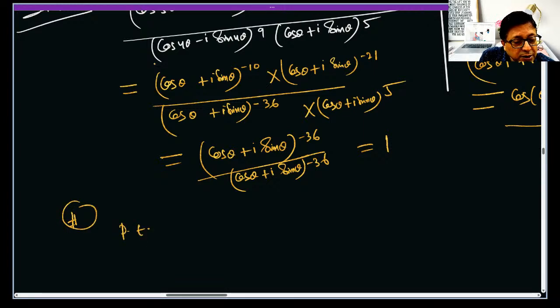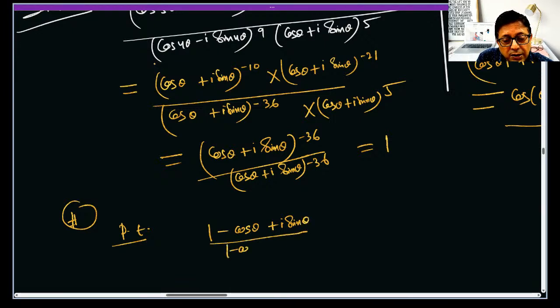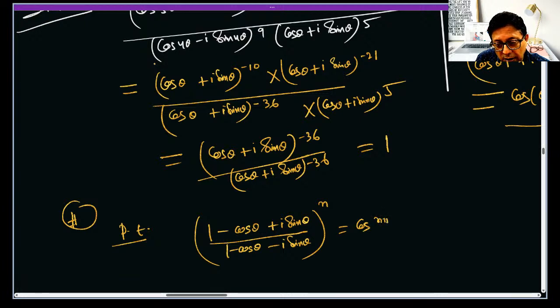Prove that cos theta plus I sin theta by 1 minus cos theta minus, plus.